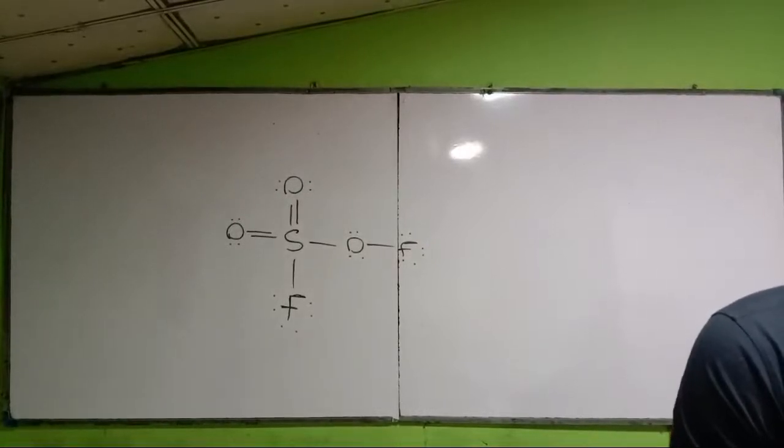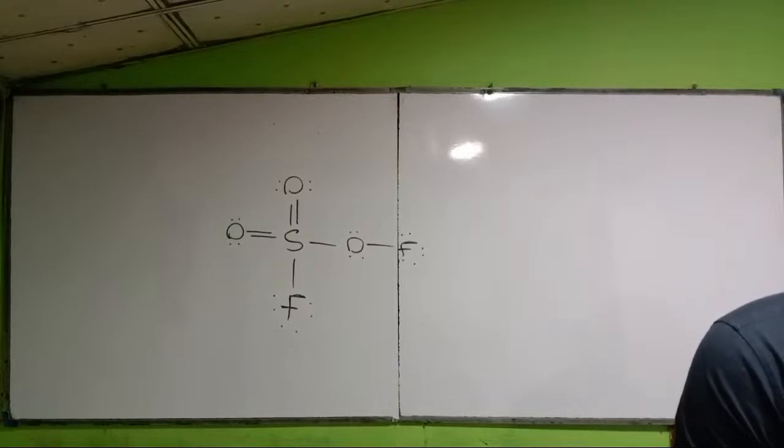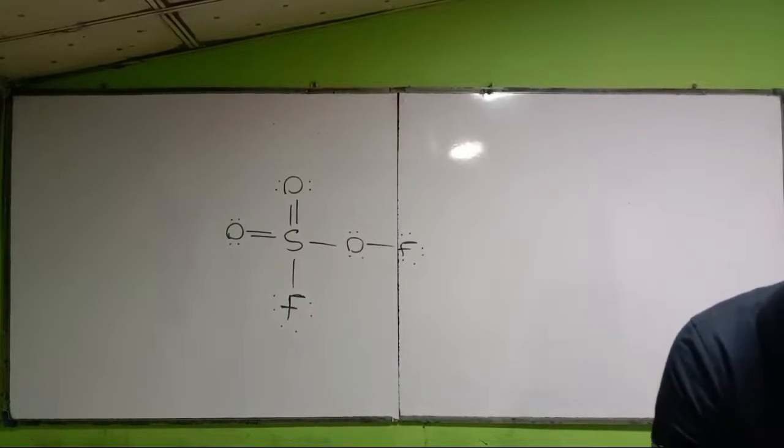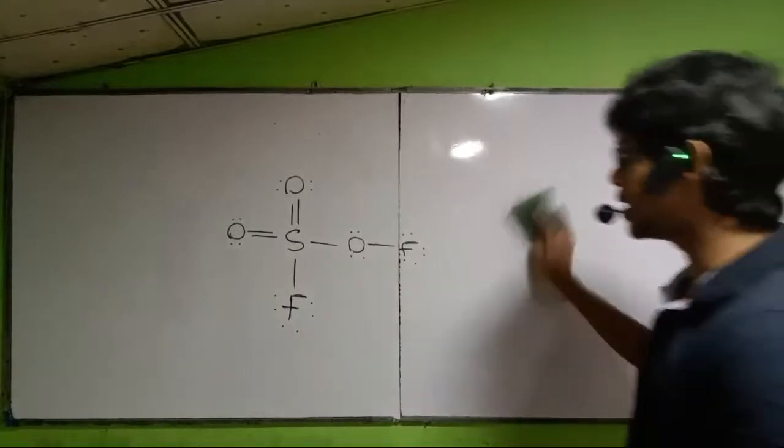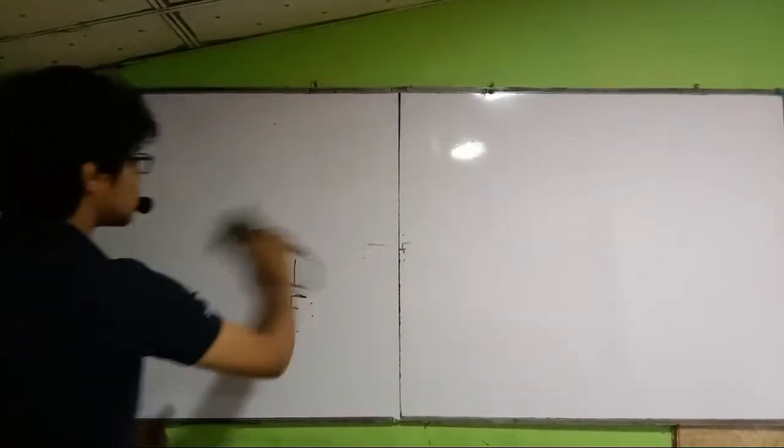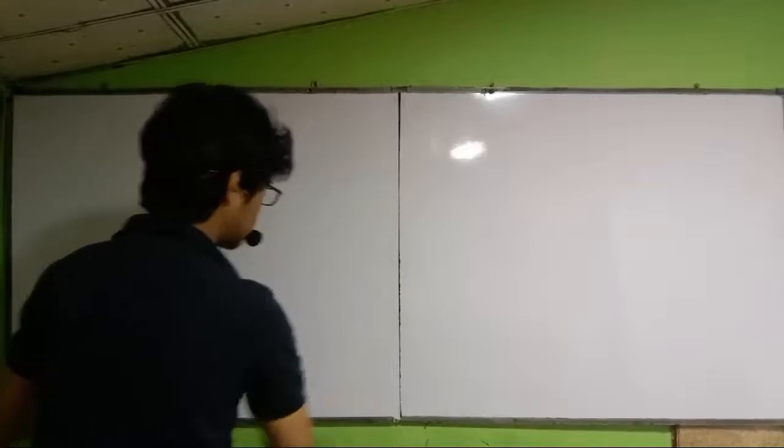The most stable Lewis dot dash structure for the molecule H3N3O is shown below. Let's draw that also. What do we have?